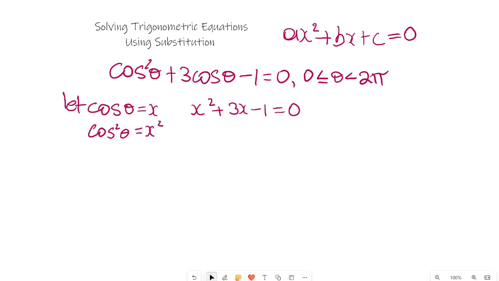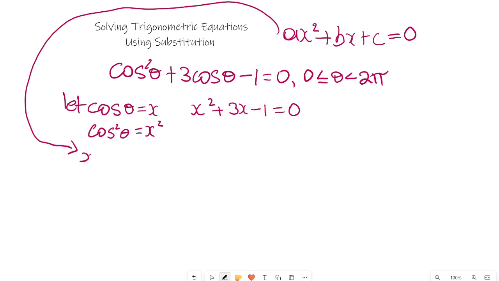Now, if you recall, the quadratic formula is, if you're given ax squared plus bx plus c equals 0, the quadratic formula tells us that our solution x is going to be equal to negative b plus or minus the square root of b squared minus 4ac, all over 2a.